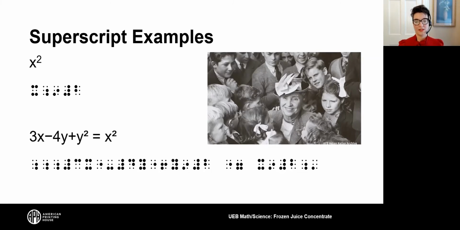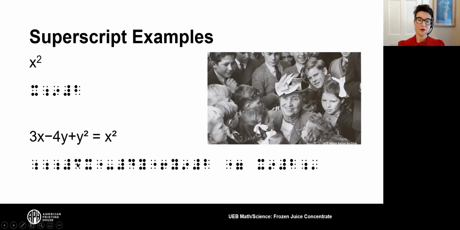So we can see that this first symbol sequence starts with a numeric indicator, and numeric mode and grade 1 mode start at the same time. And even though they don't always finish at the same time, they do. The grade 1 mode here established continues through that whole symbol sequence.